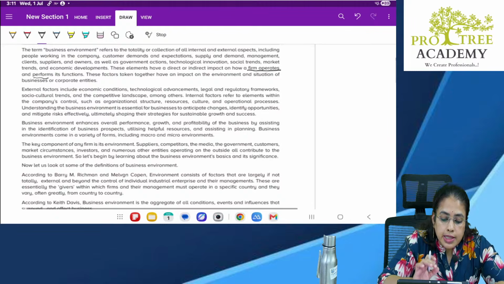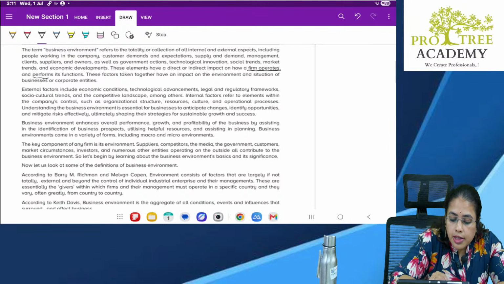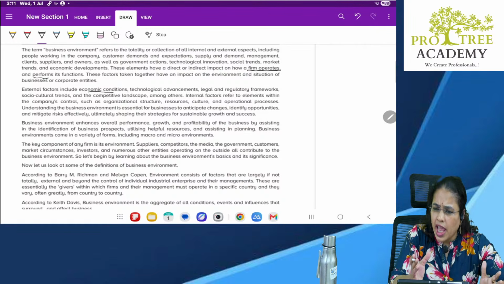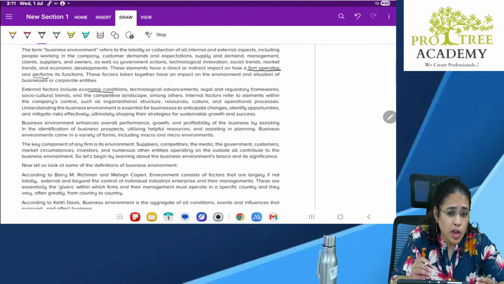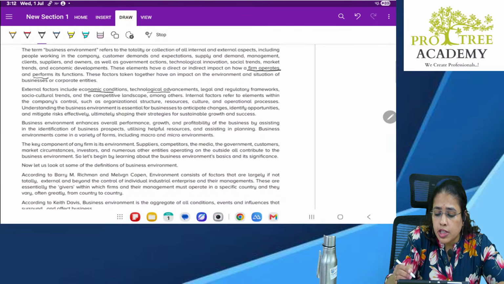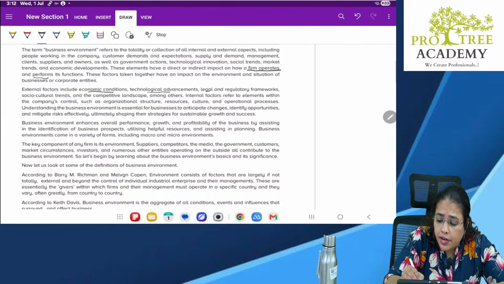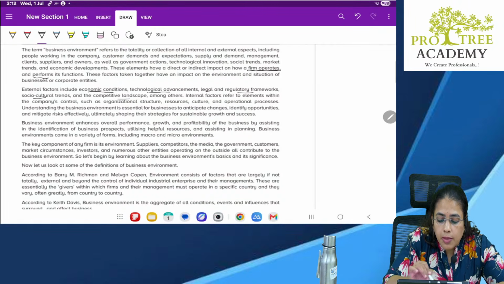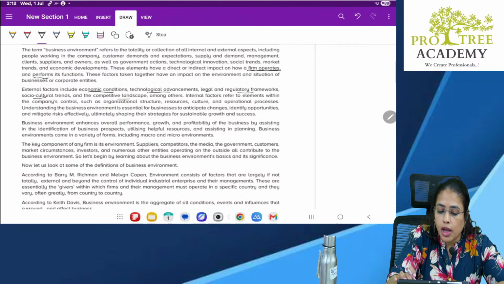Now we'll see external factors. External factors, what are the factors? Include economic condition, what kind of economy it is, technological advancement, how the technology advancement is, legal and regulatory frameworks, social cultural trends, and the competitive landscapes, among others.